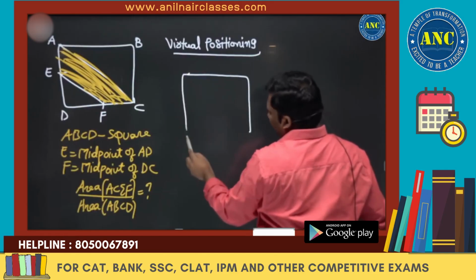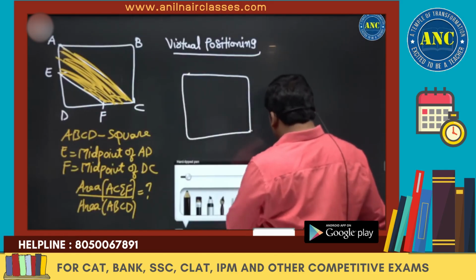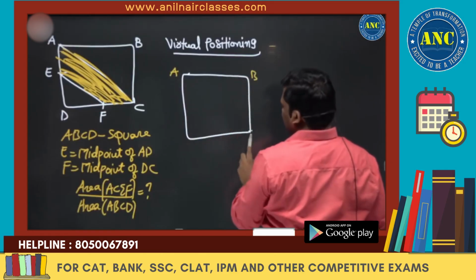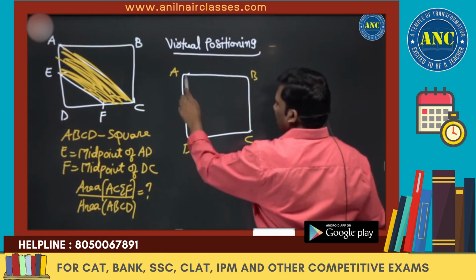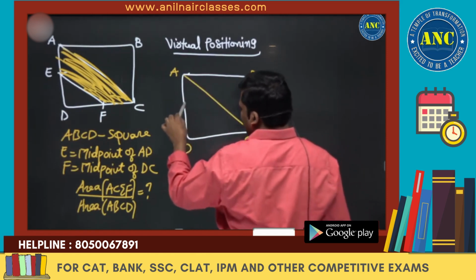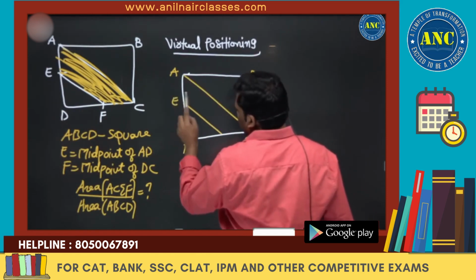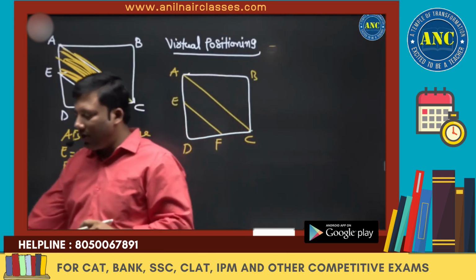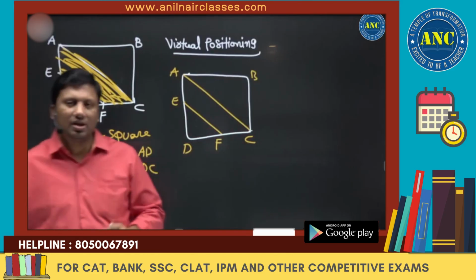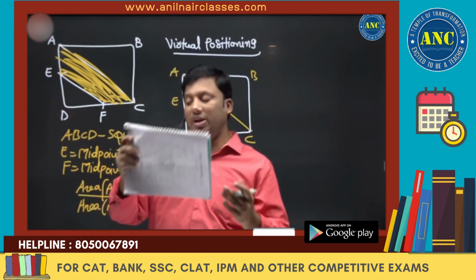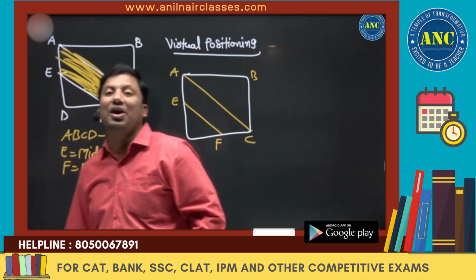ABCD is a square. AC is a diagonal. E is the midpoint. F is the midpoint. So what we are doing is, listen carefully. If this is the book, this is a diagonal.